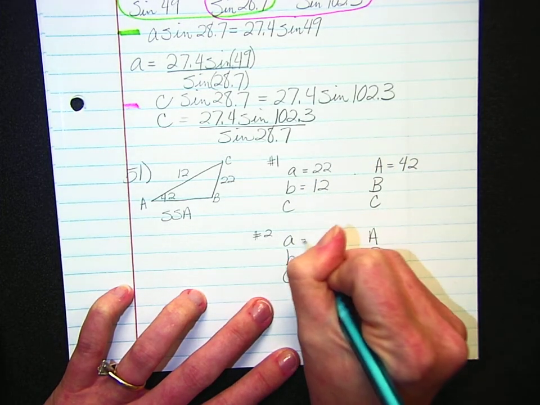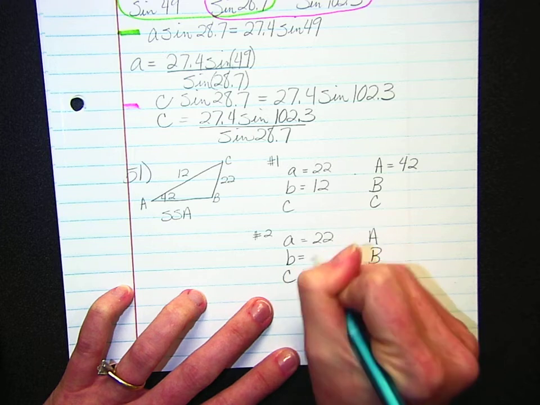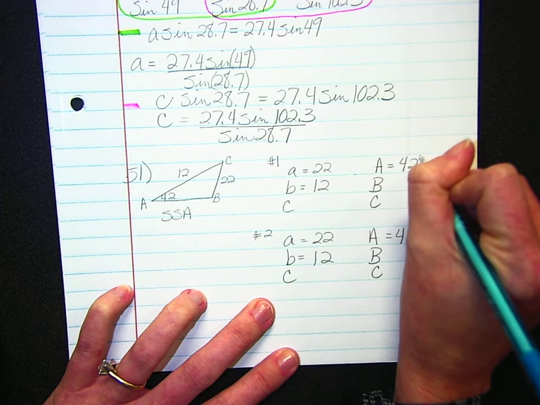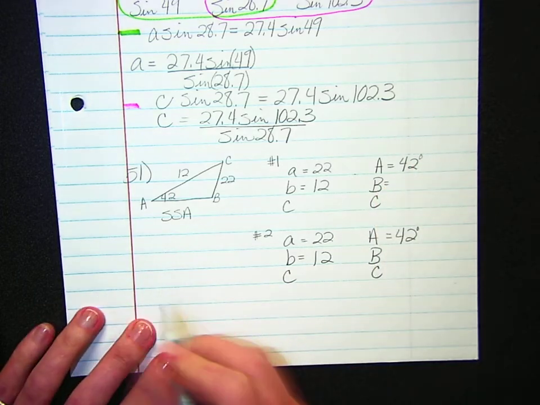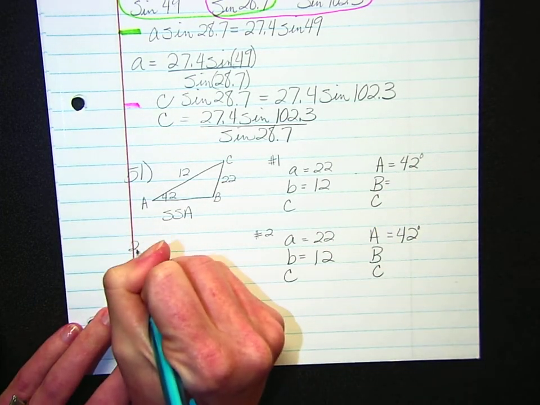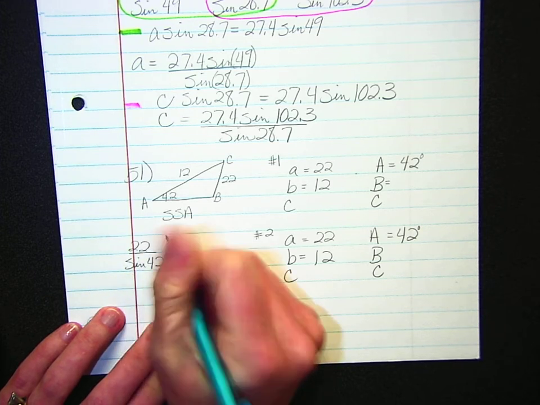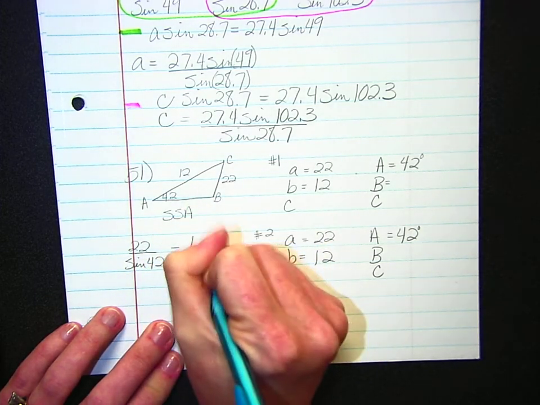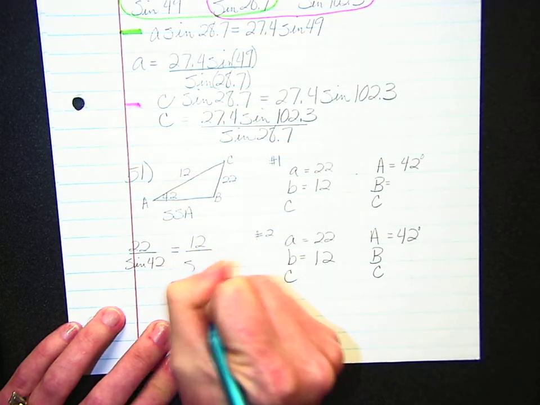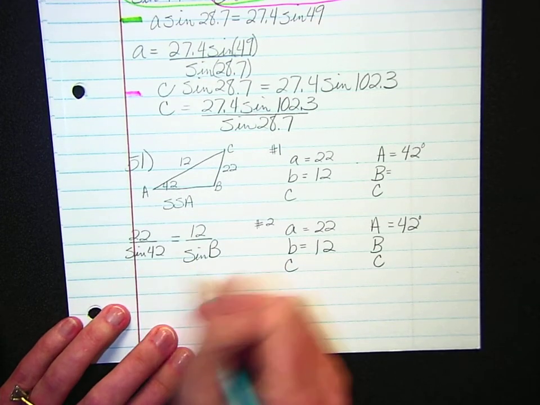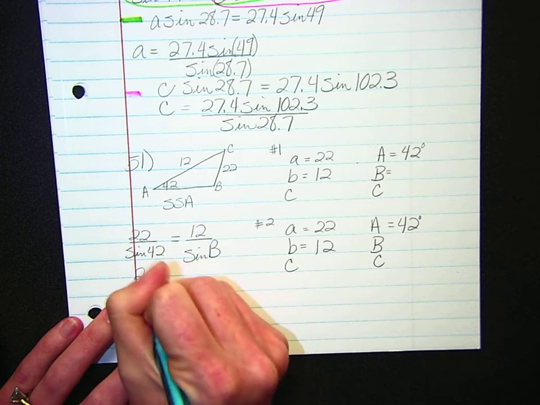Alright, let's see here. Same information down here. All of our given information stays the same. It's not going to change. Okay, so let's start by using the law of sines to set this up. So I'm going to do A over the sine of A, and I'm going to do B over the sine of B. Alright, let's cross multiply.